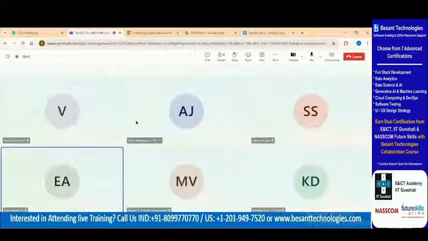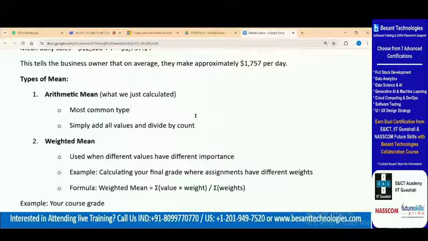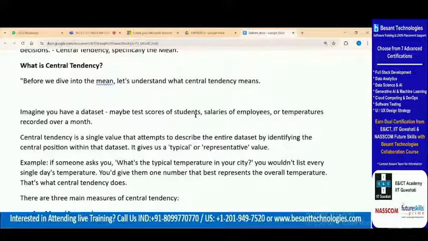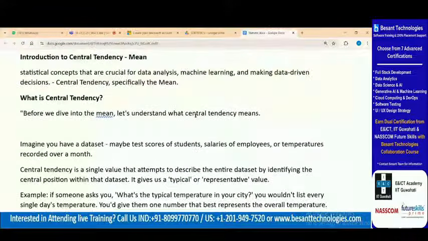Ma'am, how do you define central tendency? Central tendency is a kind of single value representing your data set. To group your data set values together, you have to specify it with a single value. That is called central tendency.